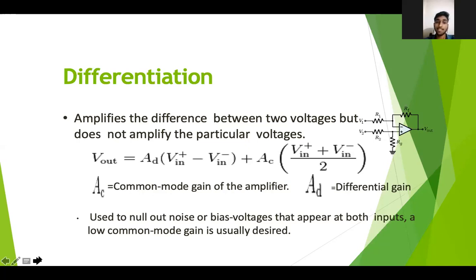Here AC is the common mode gain of the amplifier, AD is the differential gain, V in positive is the voltage at the non-inverting terminal, and V in negative is the voltage at the inverting terminal. This is used to null out noise or bias voltage that appears at both inputs. A low common mode gain is usually desired.